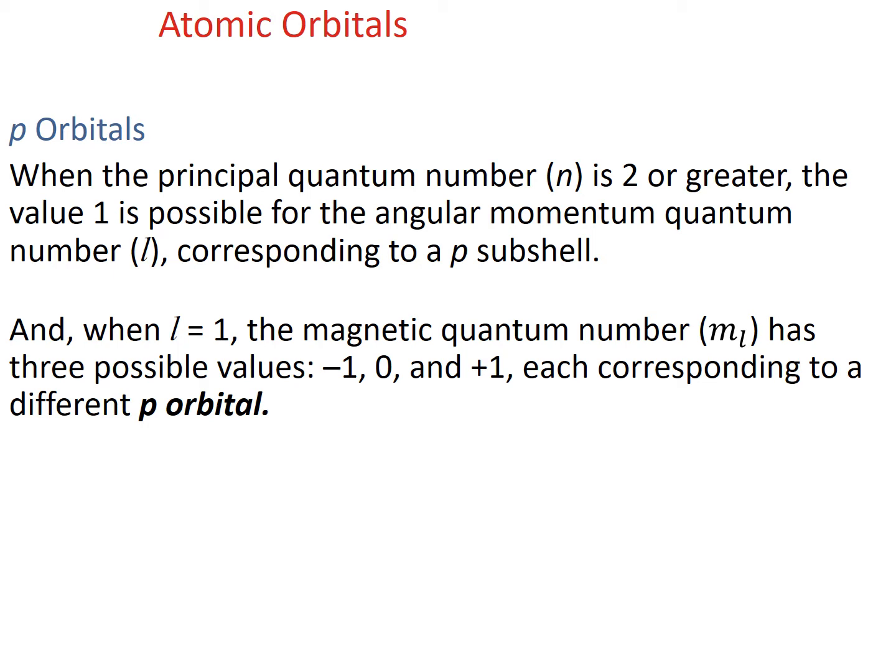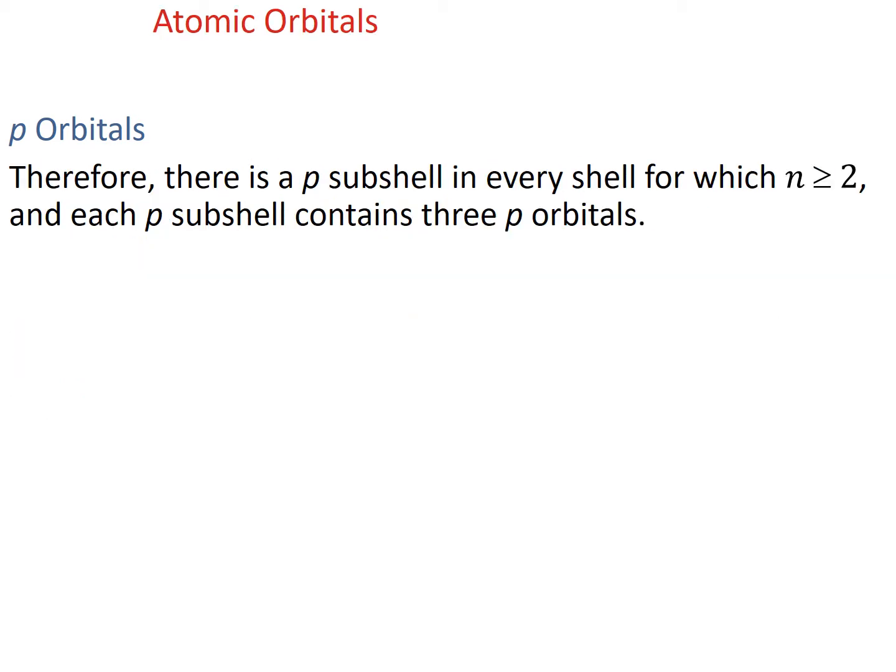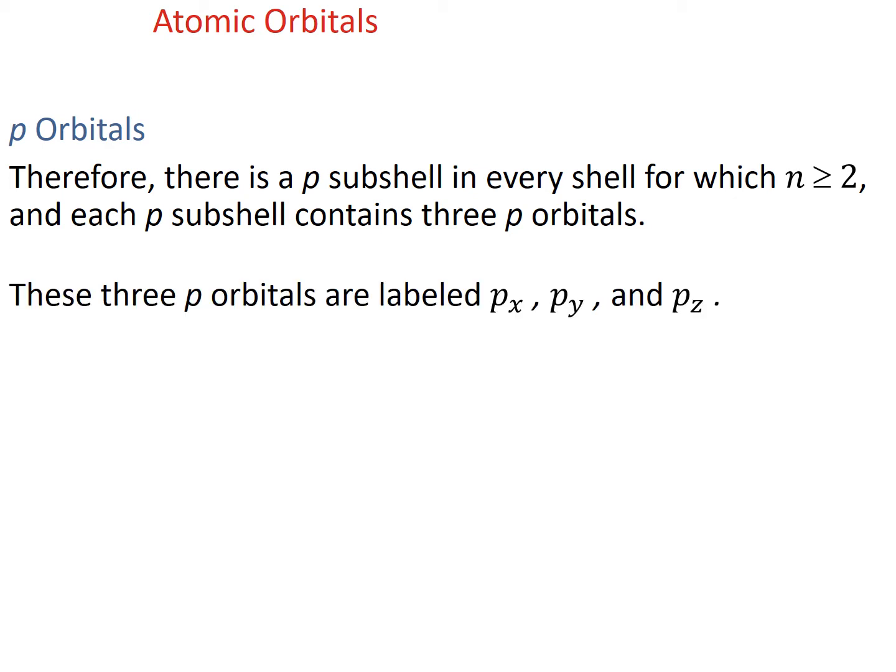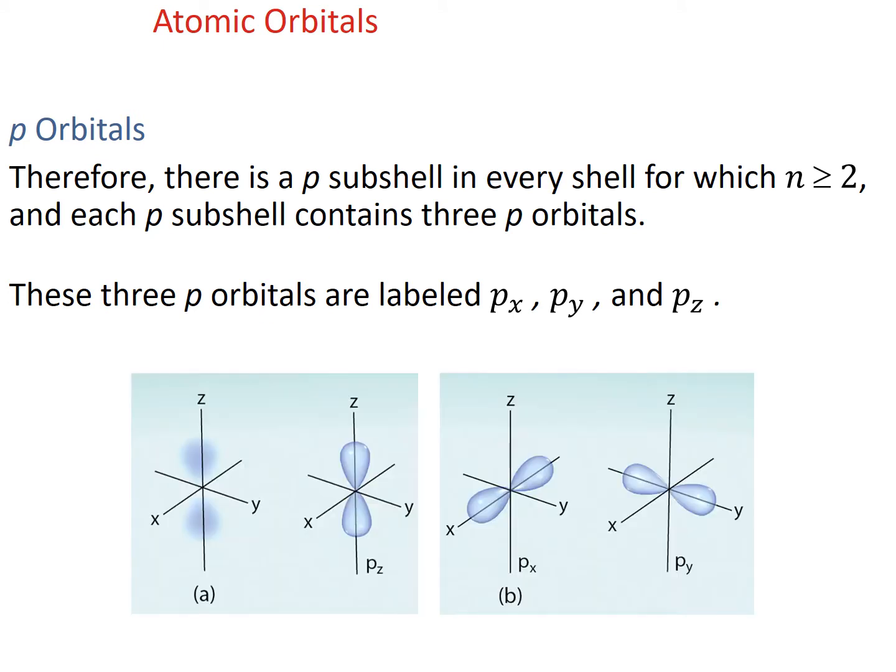And those are the three different p orbitals that we would be referring to. These different p orbitals are in an x, a y, and a z direction, and that's why they have three different atomic orbitals, three different p orbitals. These are px, py, pz, and this is what these actually look like. So the pz is along the z direction, the px is along the x direction, and the py is along the y direction.